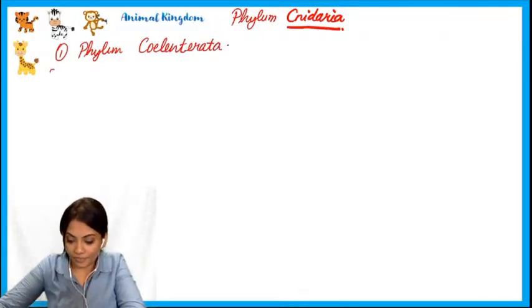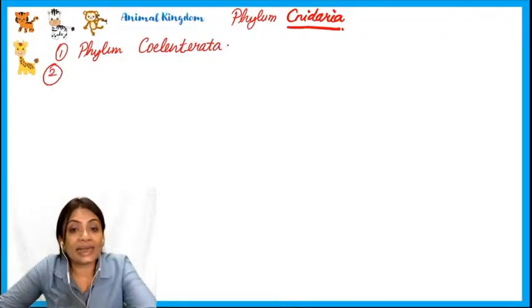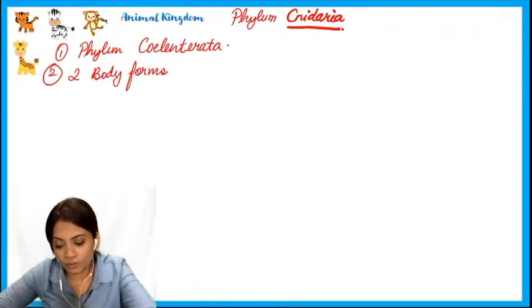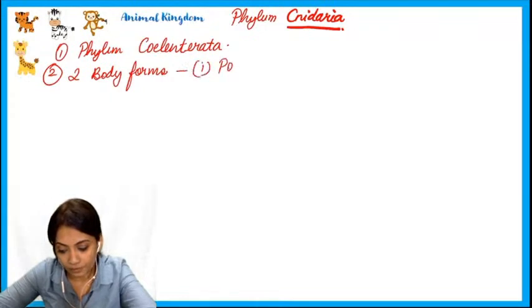Also, we saw that here it has got two types of body forms. Two body forms. Which were those body forms? Those body forms were one, polyp, and the second, medusa.